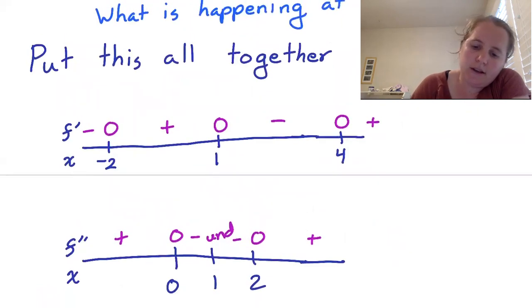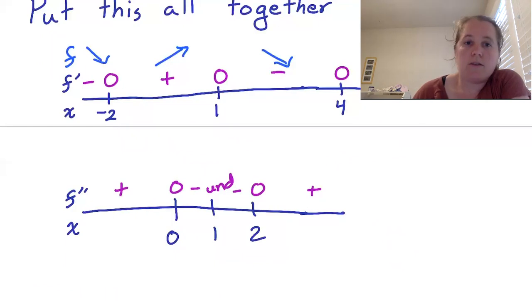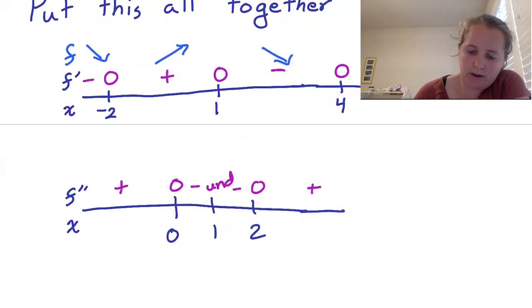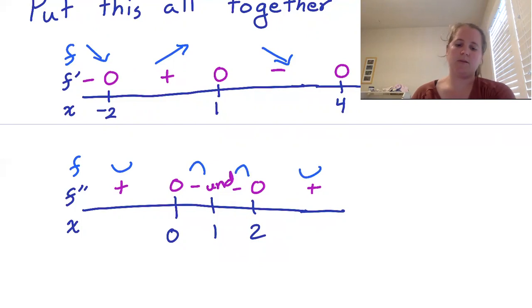Our function f, we were decreasing, increasing, decreasing, increasing. And the second derivative tells us f is concave up, concave down, concave down, concave up.